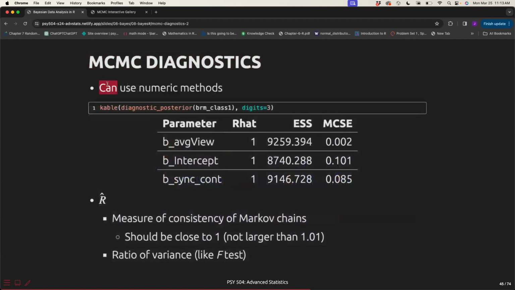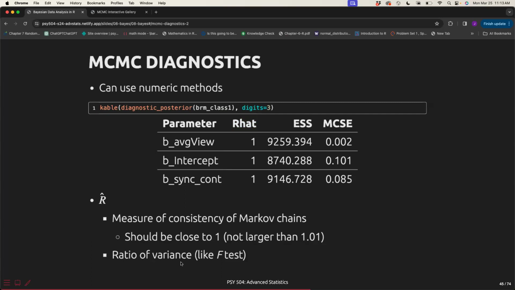We can also use numeric methods to help us diagnose this. As I said before, when we looked at the summary output, there is a column called R hat, which is a measure of the consistency of our Markov chains, and we want our R hat to be very close to 1. If it's larger than 1.01, then we might have some issues with convergence and we might need to make some changes.